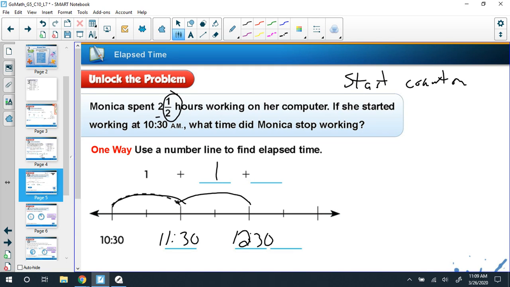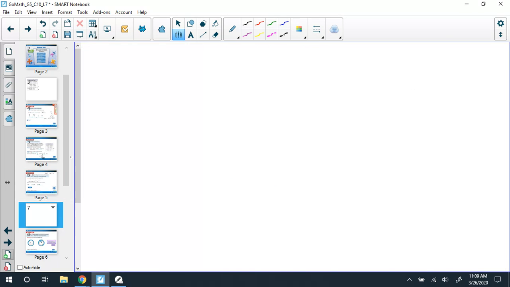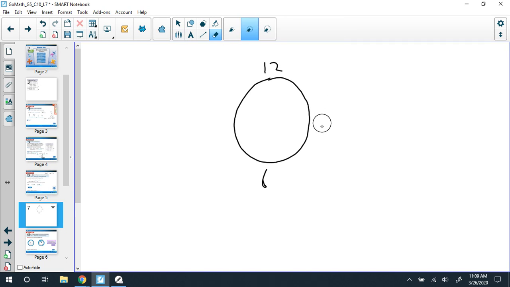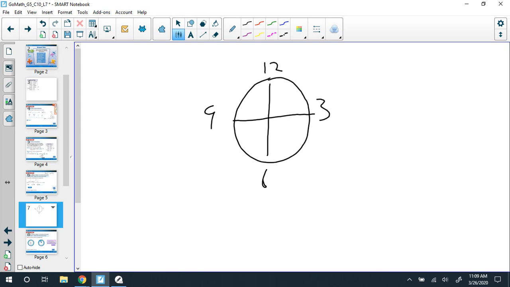So let's take a quick break from this problem and talk about half hours, quarter hours, and so on and so forth. If we think about a clock, with 12 up here at the top, 6 at the bottom, 3 on the side, and 9 over here. If we cut it into fourths, hopefully we can see that 1/2 of an hour would mean that we would shade in from here to here.